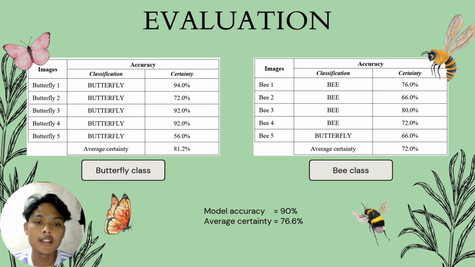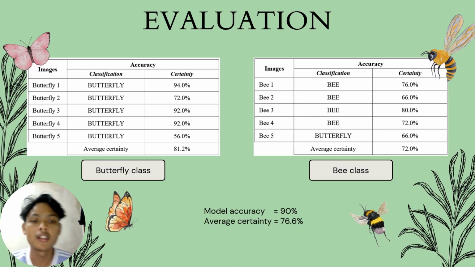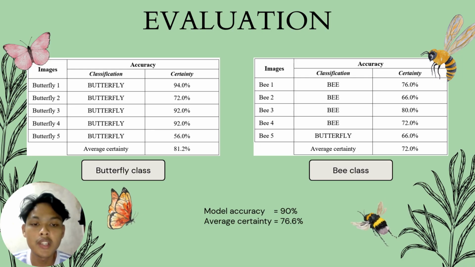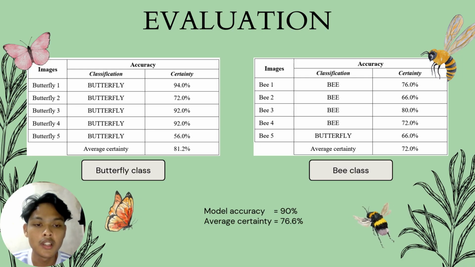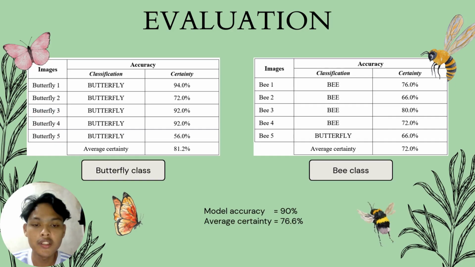The highest certainty in this class is 80%, being the B3 image, and the average certainty for the bee class is 72.0%. Our model accuracy is 90%, with one image, which is the B5 image, misidentified by our model, and the average certainty for our model is 76.6%.